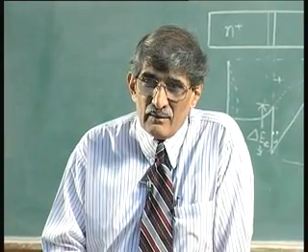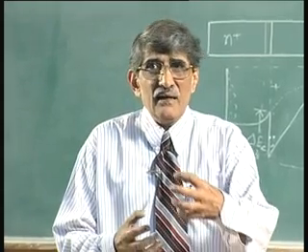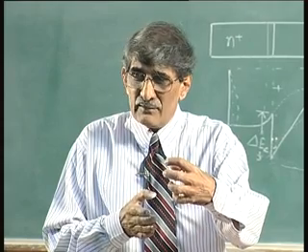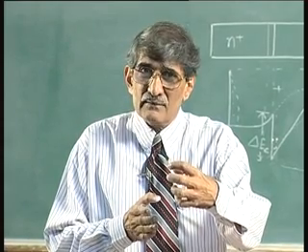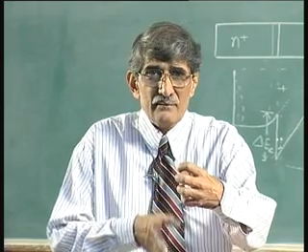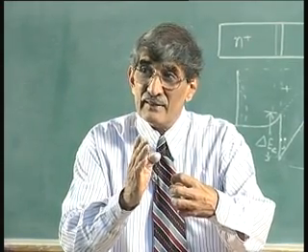Why? Because at lower temperatures carrier velocities are small. So, if there is a scattering center here, and the velocity of electrons is large, the effect of this scattering center is not felt, zip, it goes through. So, the scattering effect is less.